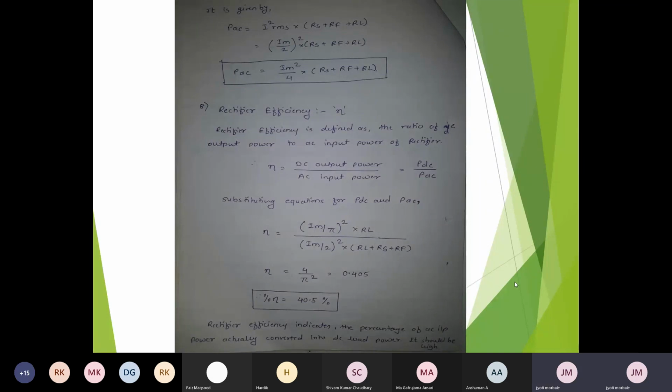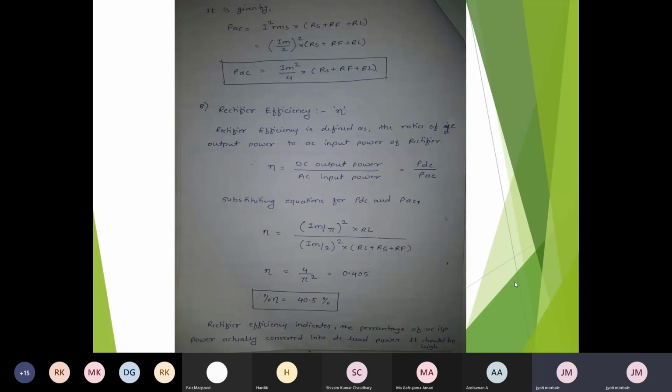So rectifier efficiency indicates the percentage of AC input power which is actually converted into DC power at the output. So efficiency of any circuit should be very high. Ideally, it should be 100%, but practically it should be very close to 100%. Lower efficiency matlab circuit is not successful in the conversion of desired output.